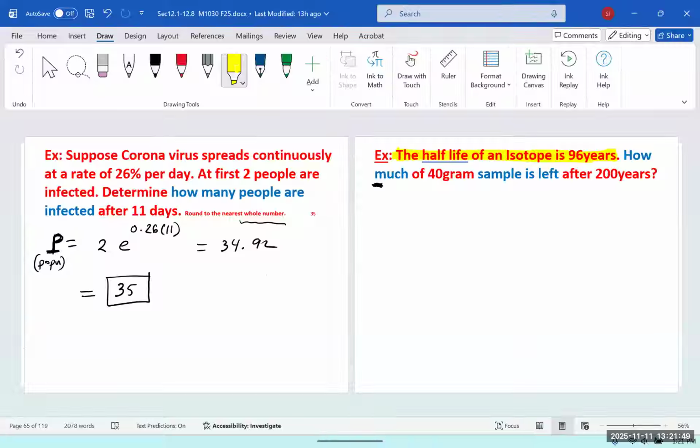So here we have two parts. This question has two parts. Why two parts? Because if you observe, do you know the rate, which is K, given here? Did it tell you the decaying rate? No. Instead, they gave you two times.